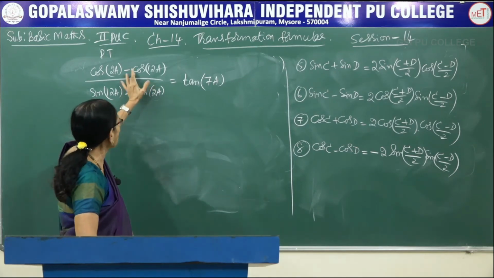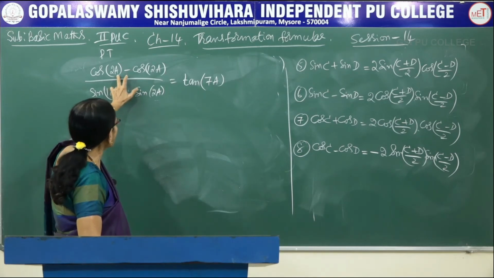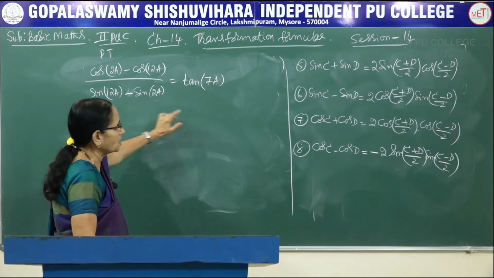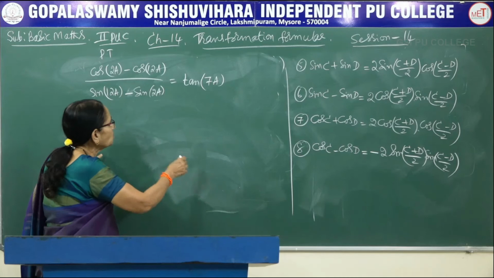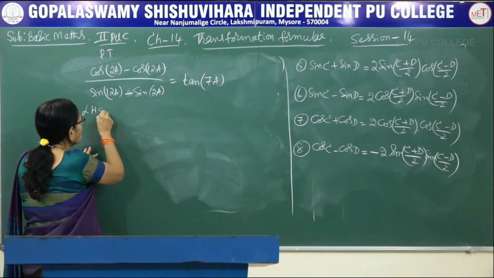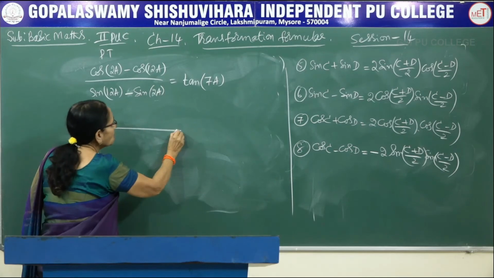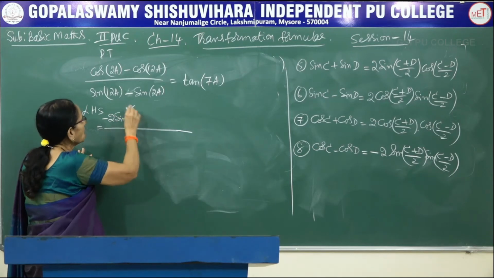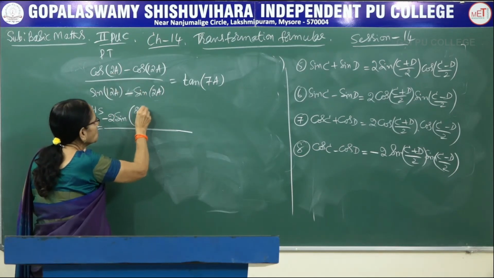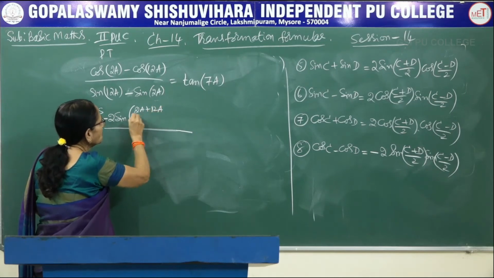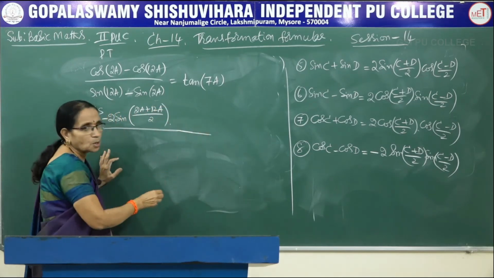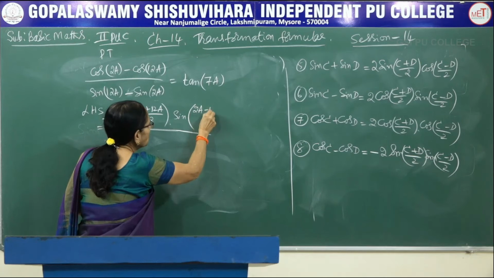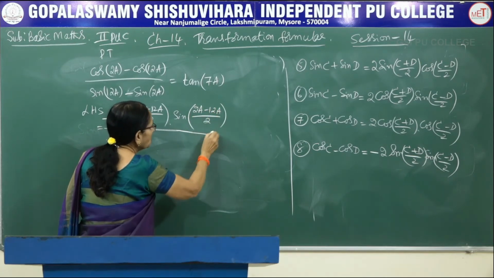Now, look at the formula that we have to apply here. The numerator is of the form cos c minus cos d, the last formula, and then sin c minus sin d, the 6th formula. So, let me use those formula. Start with the left hand side. Now, cos c minus cos d, the last formula: minus 2 times sin of (c plus d) by 2, (2a plus 12a) divided by 2, into sin of (c minus d) by 2, (2a minus 12a) divided by 2.